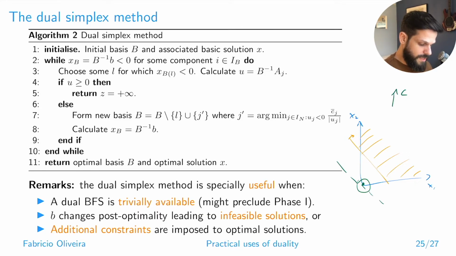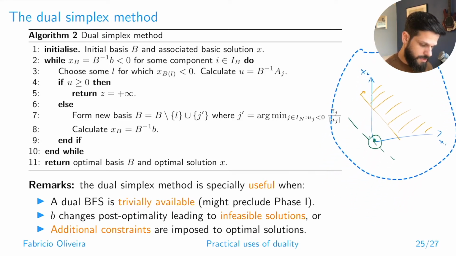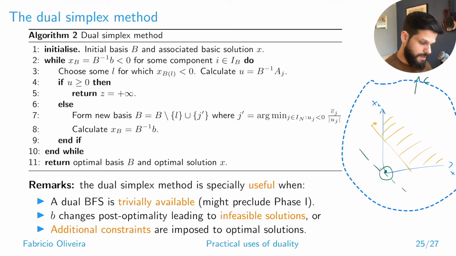Another reason why you want to use dual simplex is when your b, remember we talked about the b changing? It might be that your problem from today for tomorrow changed so much that your b actually went beyond becoming feasible. So doing that drawing I did again, let me move just a bit further up there, like that.